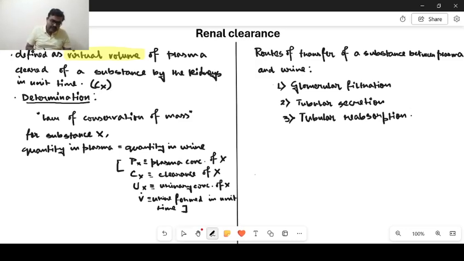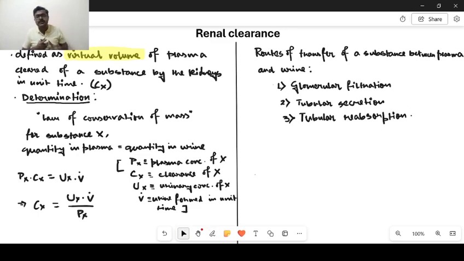So the equation is Px into Cx equals Ux into V dot. Thereby, clearance of X is equal to urinary concentration of X into the rate of urine formation per unit time, divided by plasma concentration of X.